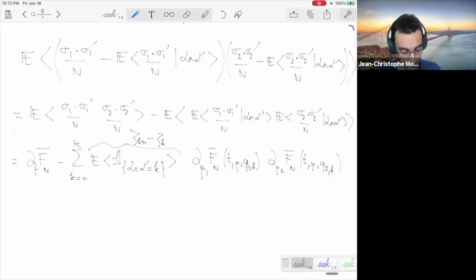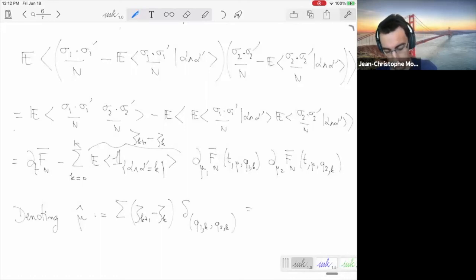So let's say defining or denoting by mu hat this measure, so zeta k plus 1 minus zeta k delta of q1k q2k. This is the law of x mu 1, x mu 2.